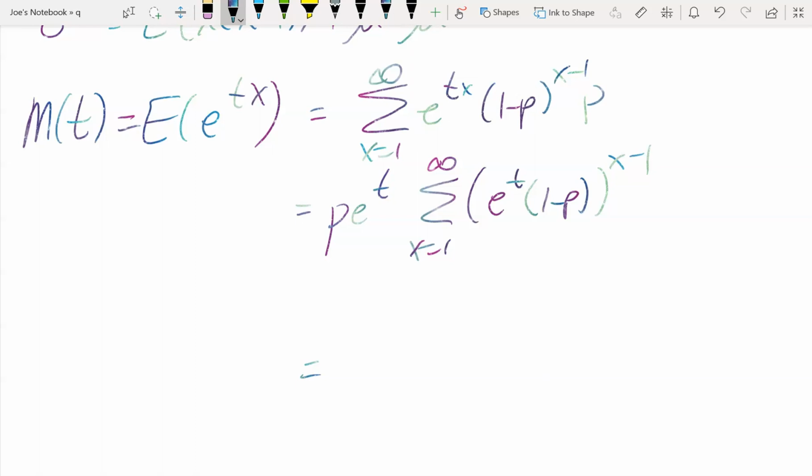That's essentially r to the x, where x starts at 0. Right? So this will be pe to the t over 1 minus e to the t times 1 minus p.